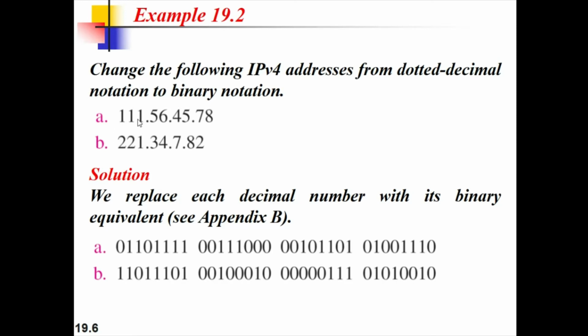So 111, when you change it to 8 bits, you will get 01101111. This number is decimal, so divide by 2 and get the remainder. Then you will get the binary number, or you can use your calculator to do the conversion.